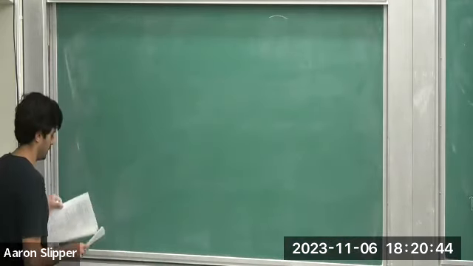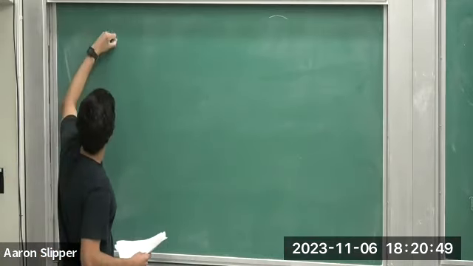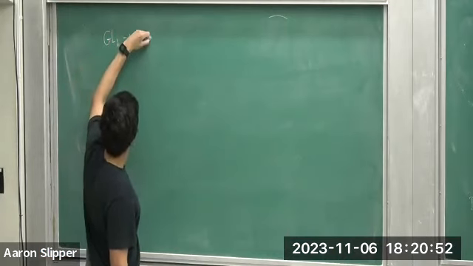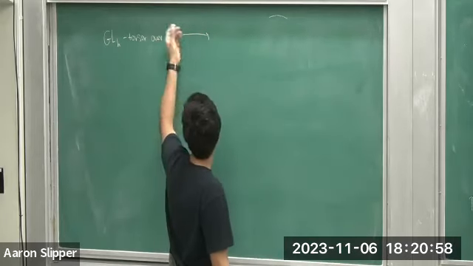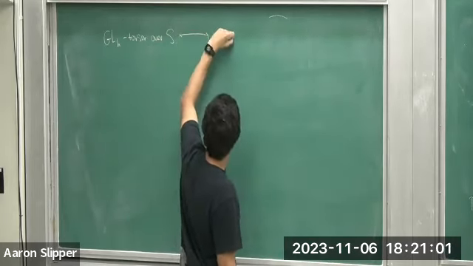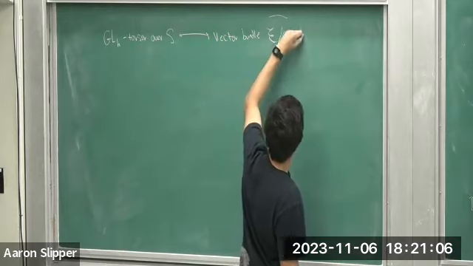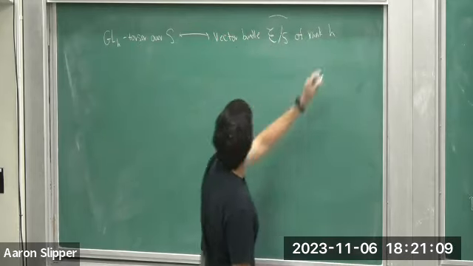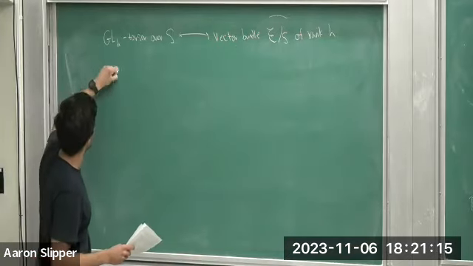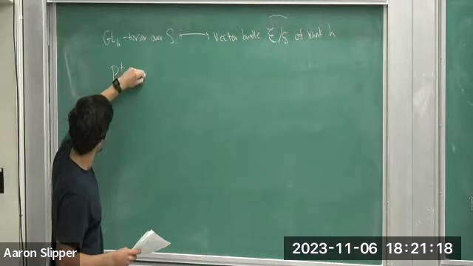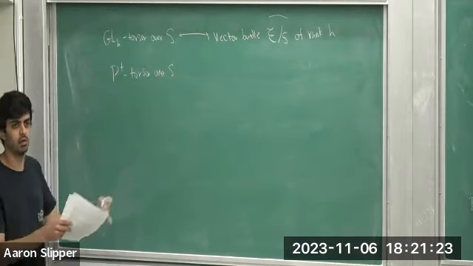So more concretely, the GLH torsor over S is the same as a vector bundle. When we look at these P plus and P minus torsors, P plus is the subgroup of GLH which stabilizes the d-dimensional subspace.